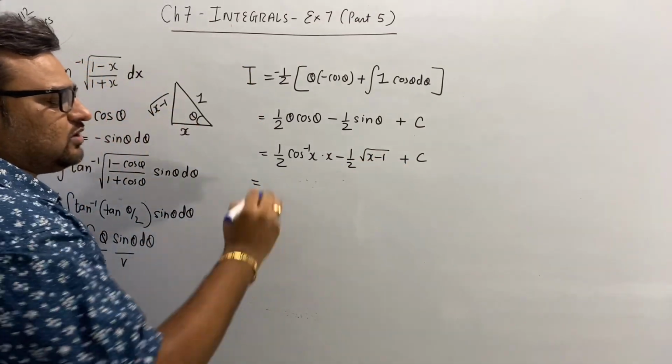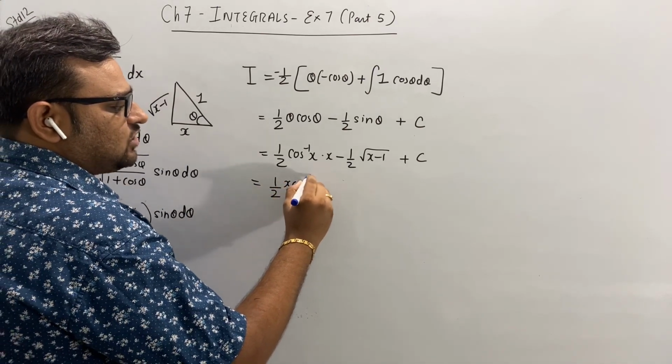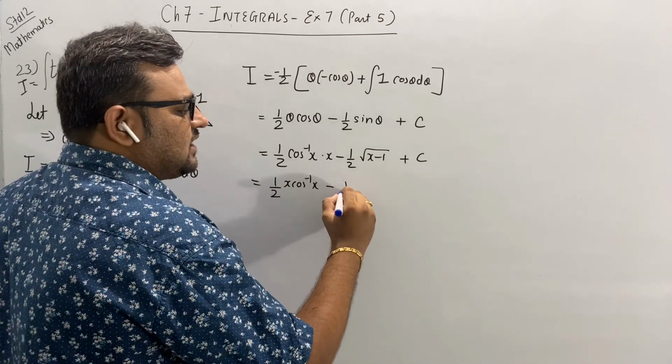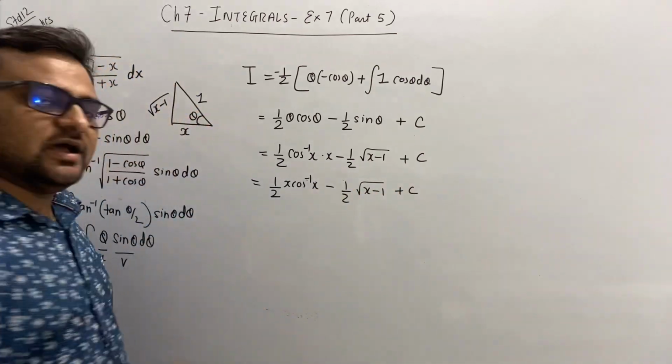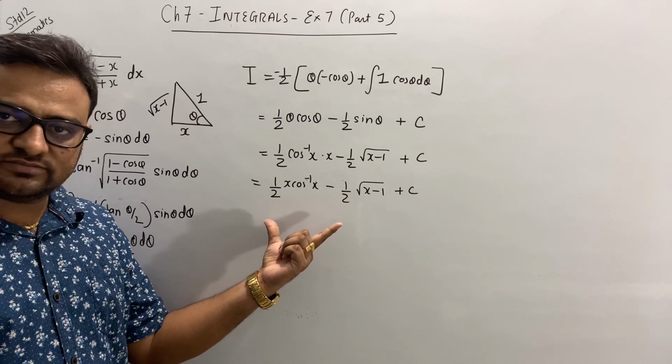So this will be equal to 1 by 2 x cos inverse x minus 1 by 2 root of x square minus 1 plus c. You can take this 1 by 2 also common.